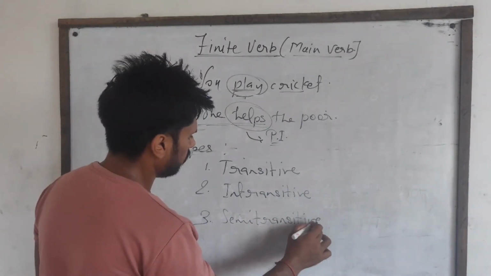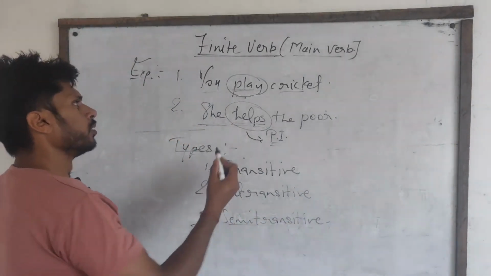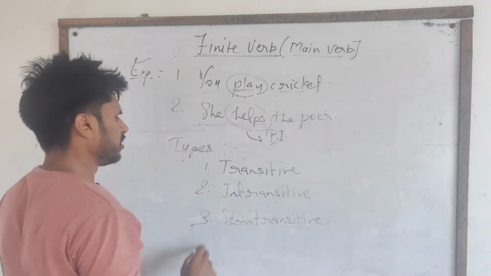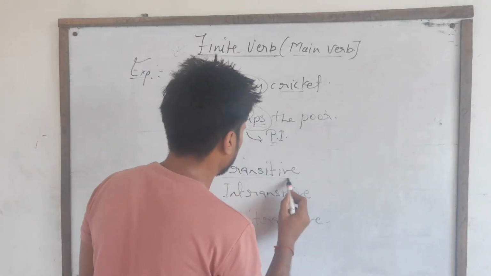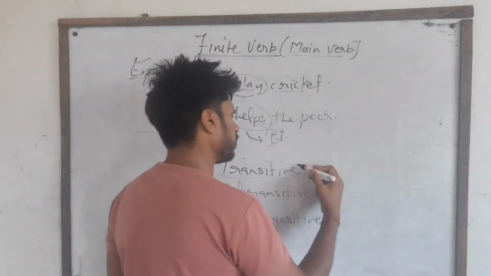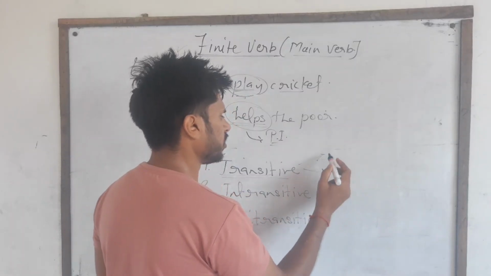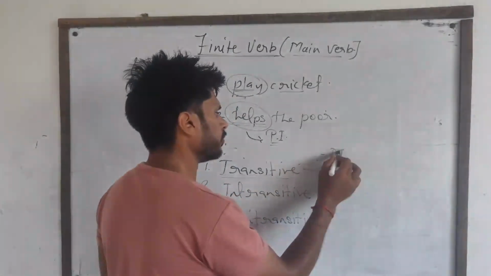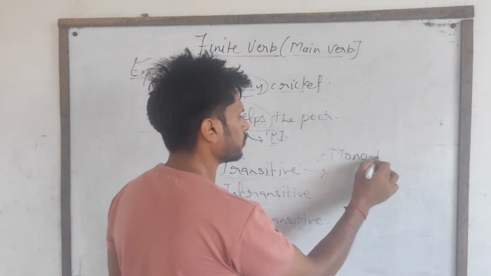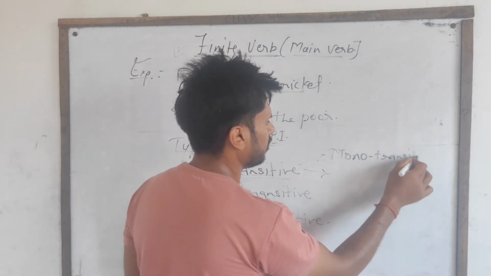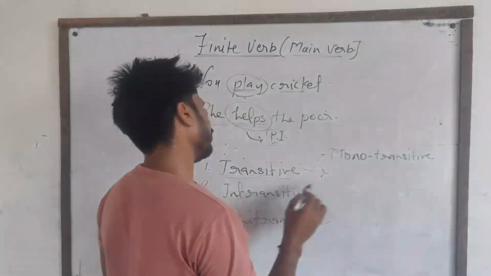So the finite verb has three types. In transitive verb, there are two types: first is monotransitive, and second is bitransitive.